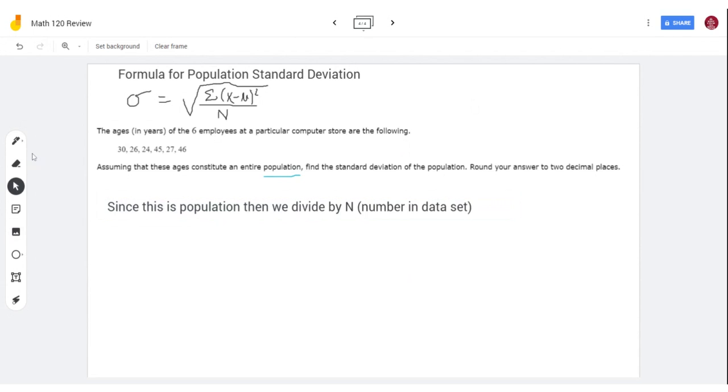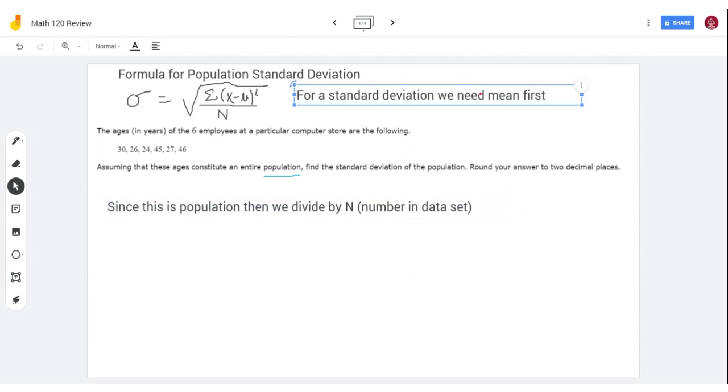Okay. So first thing we got to first find the mean. But let's put that right here. For any population, no matter what kind of standard deviation it is, we first have to have the mean. All right.